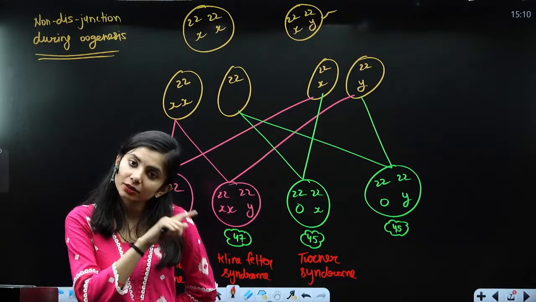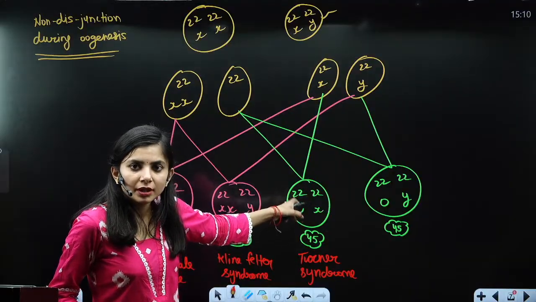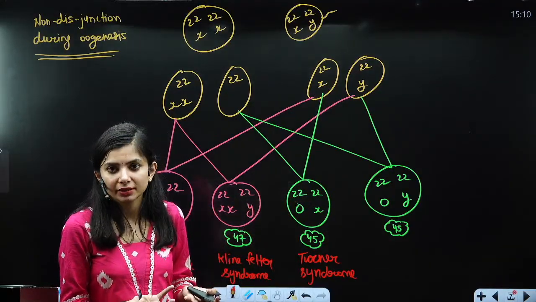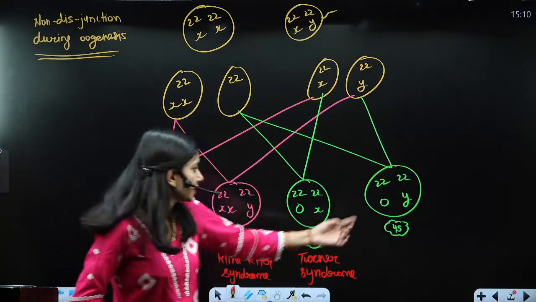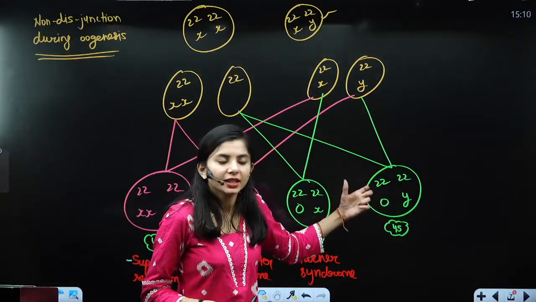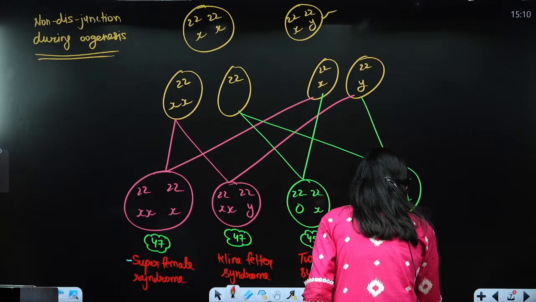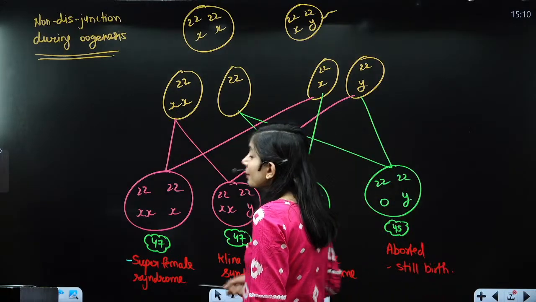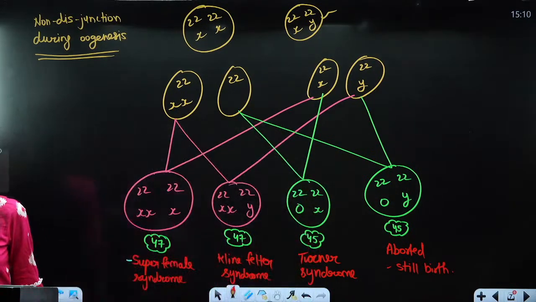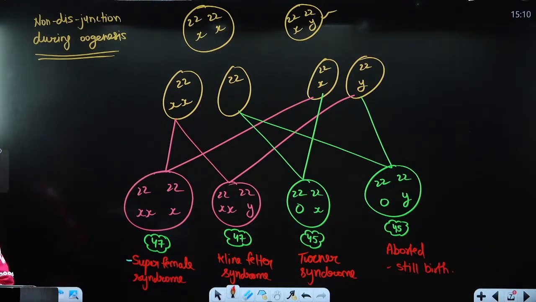If a single X is not there, birth cannot happen. X0 can take birth and survive as well, but will not be normal. But in this case, because of the absence of X, this person would be aborted and be a stillbirth, not resembling a human being, because one X is required. Therefore this is the case specified as non-disjunction during oogenesis. Is it okay?